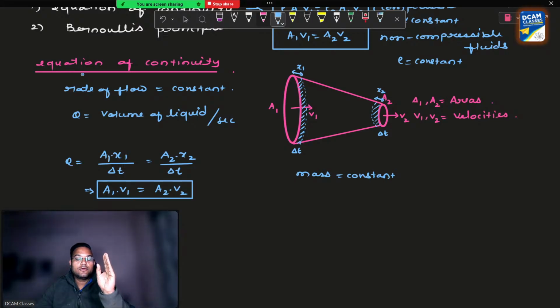The mass of the liquid which is coming inside should be equal to the mass which is going out from it. So density into volume per second, density into volume is the mass. That's why we multiply density also there. From mass of fluid coming inside equal to mass going outside, this volume rate of flow equal to constant arrives.